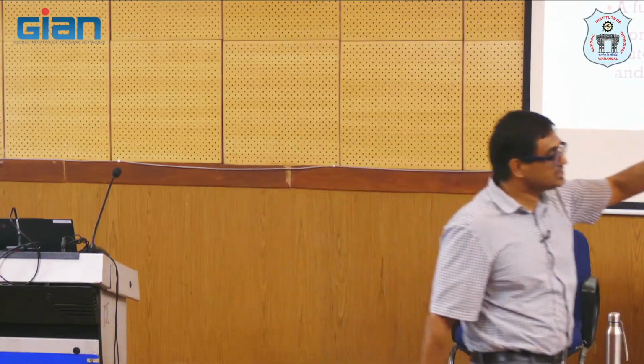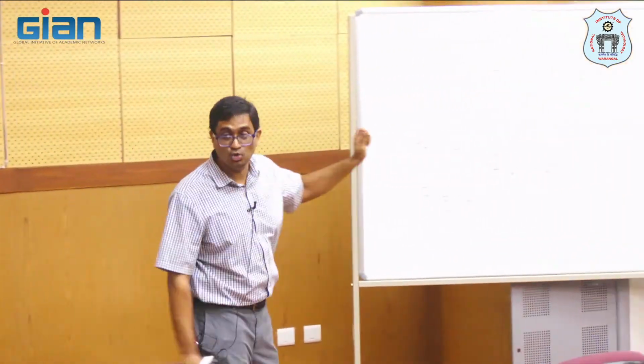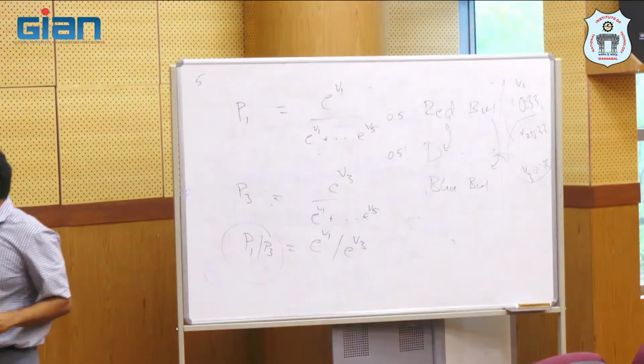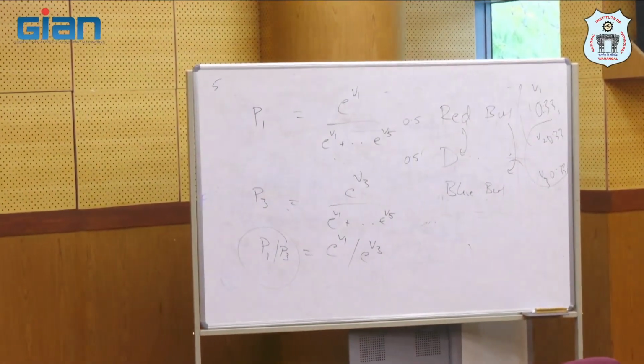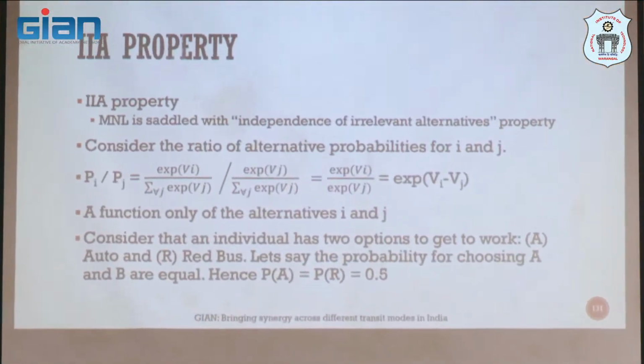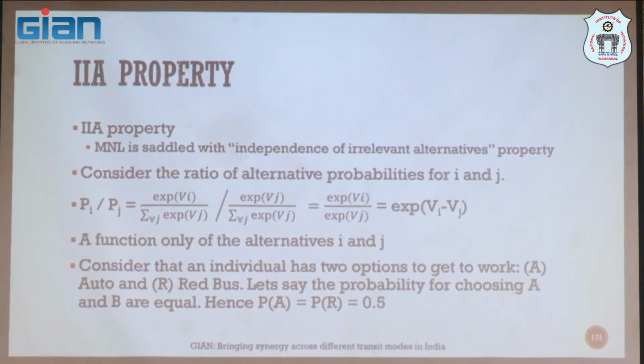There are mechanisms to test for it. So this is an extreme example, but the independence of irrelevant alternatives can potentially create a huge error in your model. Okay, so it's a good practice to check whether IIA exists in the data set by running more complicated models.